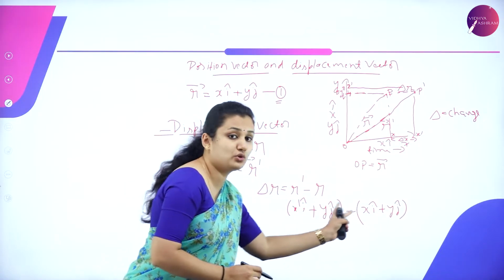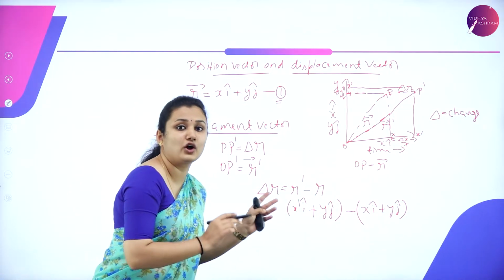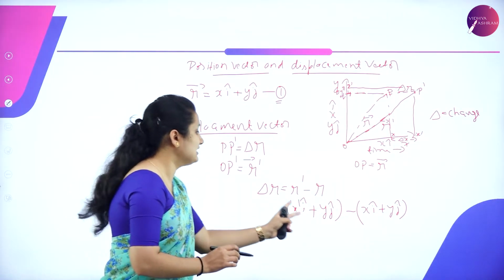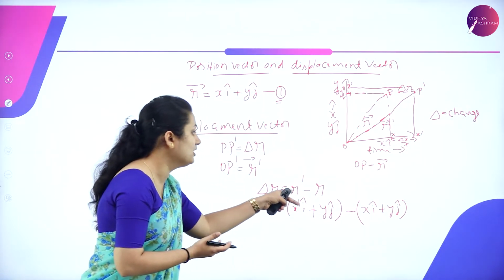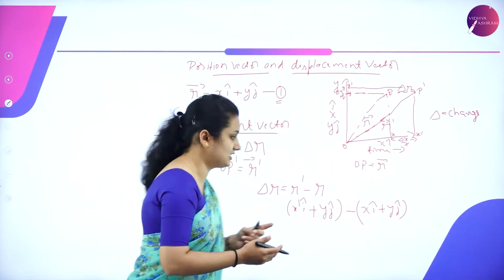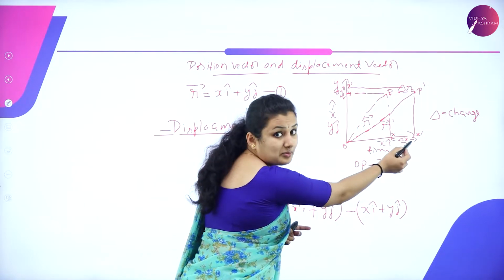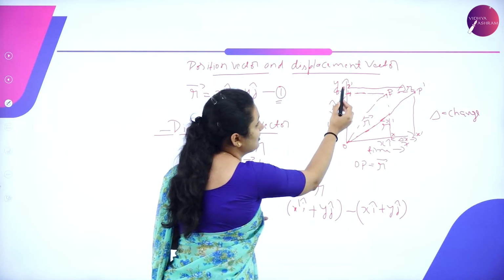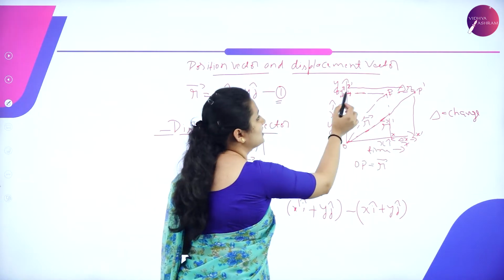These are the respective components of vectors R dash and R, resolved along the x and y axis. For R dash, in the x axis it will be x dash and in the y axis it will be y dash. For P, in the x axis it will be x and in the y axis it will be y.